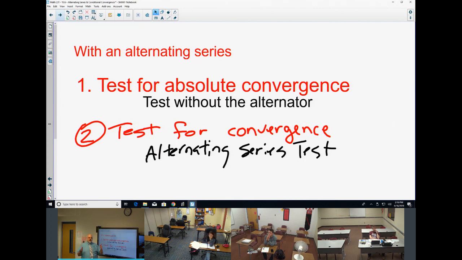So it's like you're taking the absolute value. Or you can test for convergence using the alternating series test. So those three things: are all the u sub n's positive? Are they getting smaller? Do they go to zero? So you can do it one way or the other. It just kind of depends on how you want to go about it.